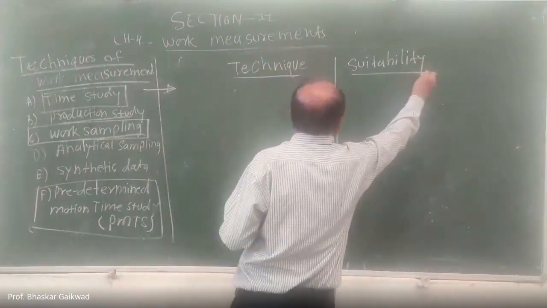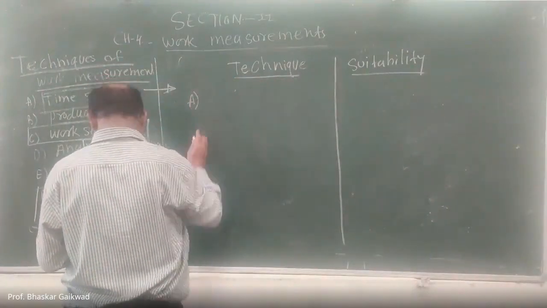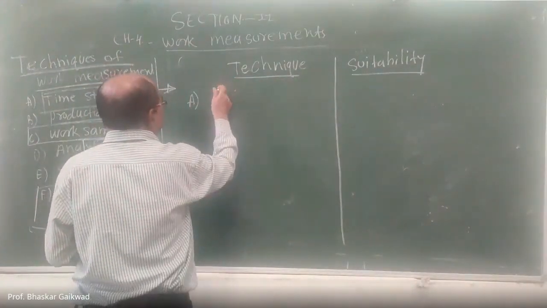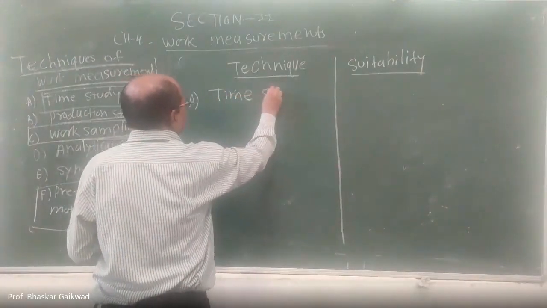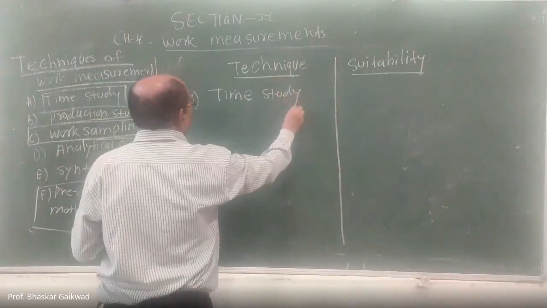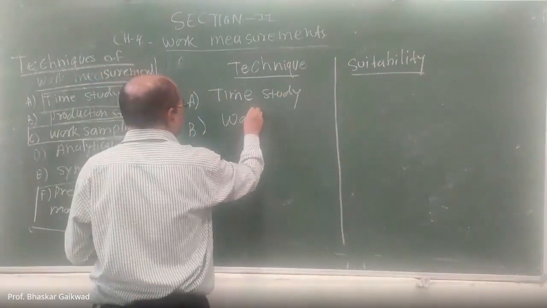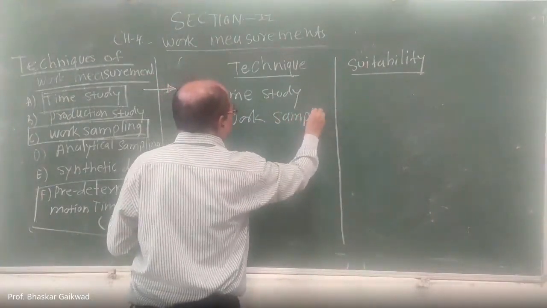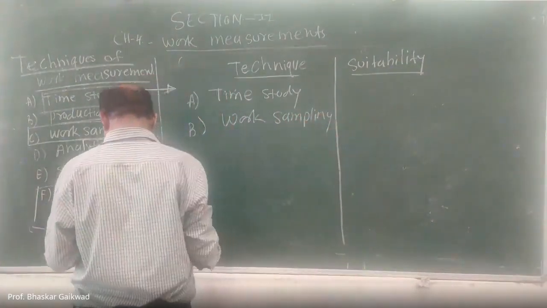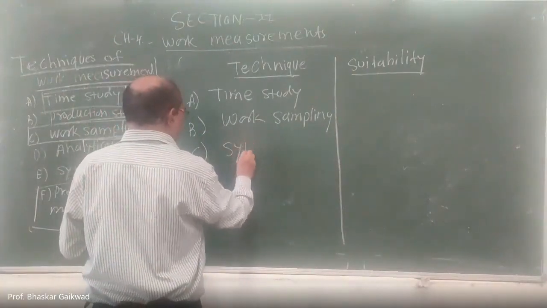Number A is time study. Then B is work sampling. Then C is there, then static.